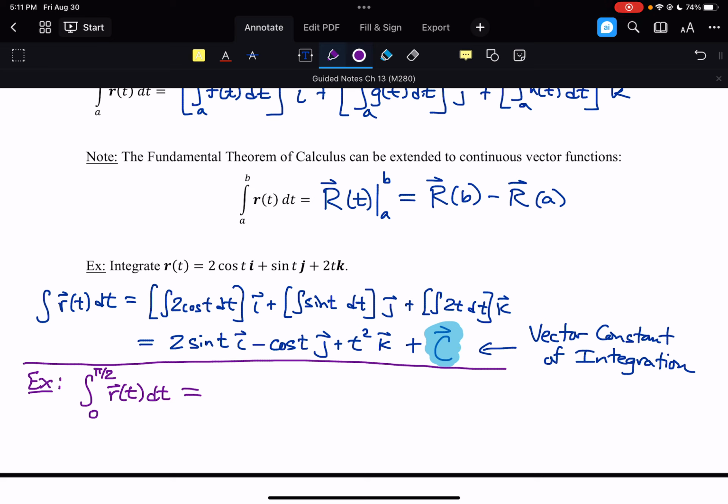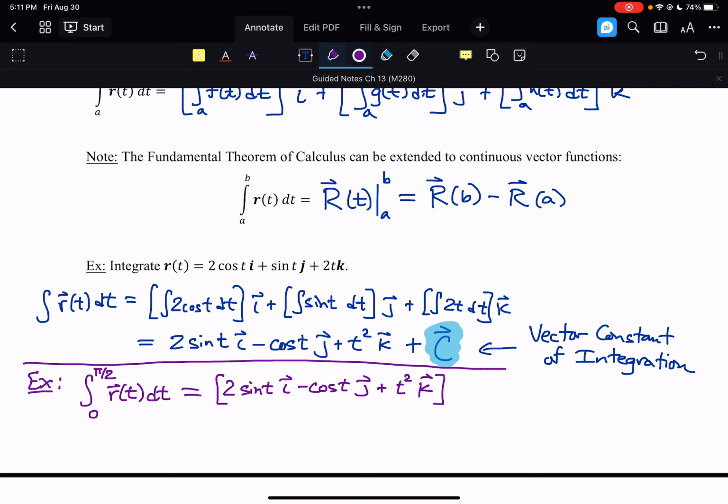Well, in that case, the antiderivatives are still the same. So we will still keep the same antiderivatives. And the i, j, and k should still be there because we're still just working with vectors in this case.